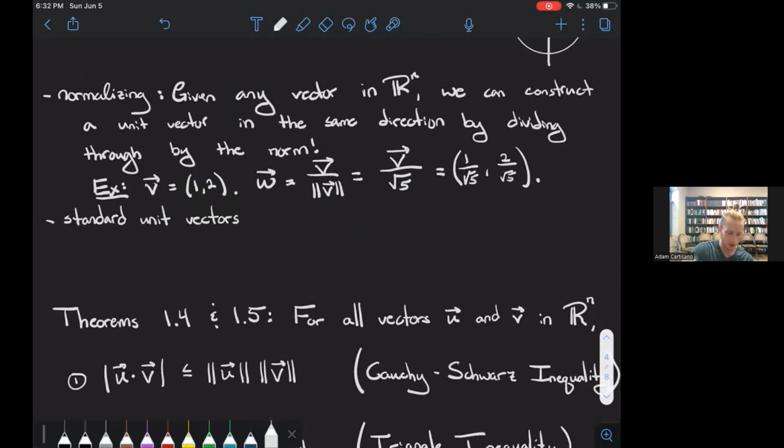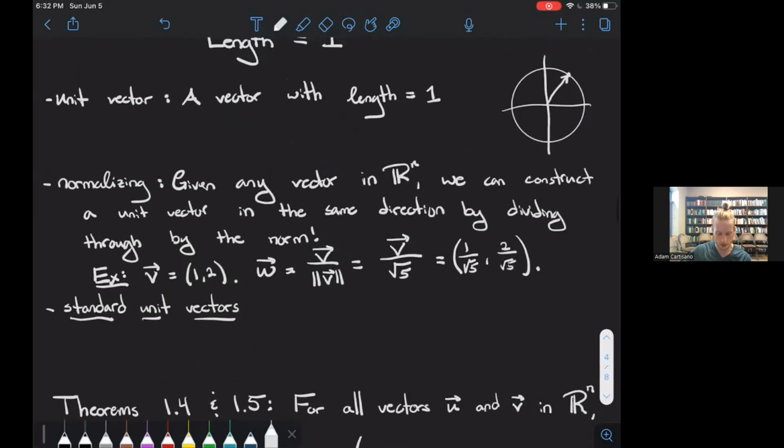There's one last thing to talk about when it comes to unit vectors, which are the standard unit vectors. Standard unit vectors made an appearance even in the last video, and they will continue. They're, in some senses, the nicest vectors that we know. These represent a single unit in either the x or the y or z direction. We usually denote them with subscripts.